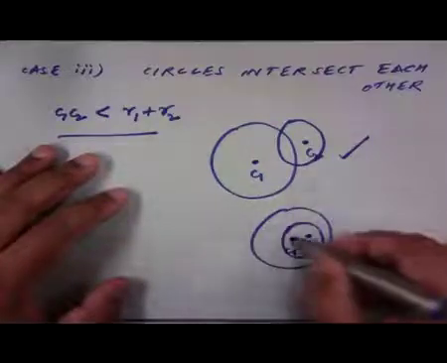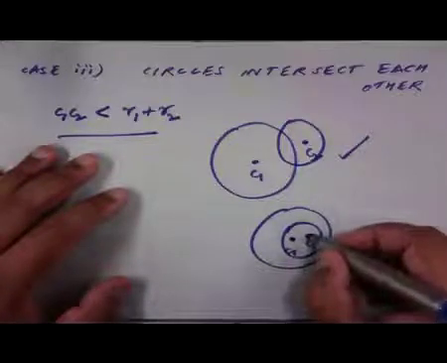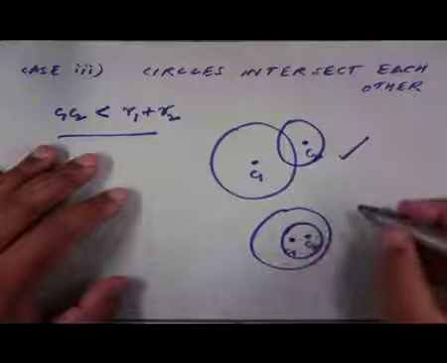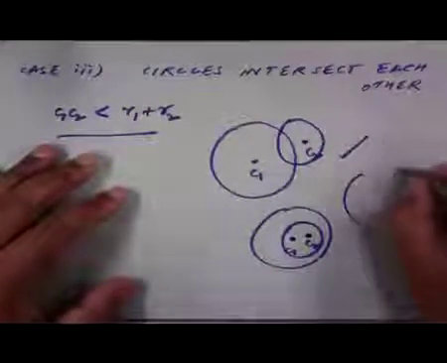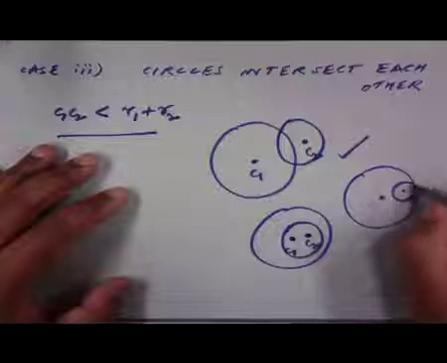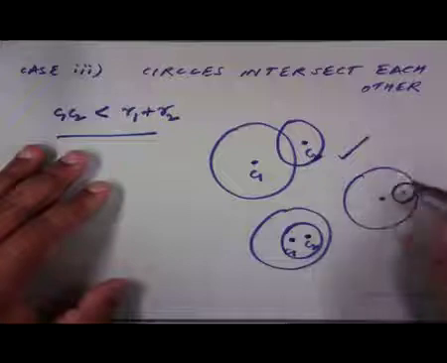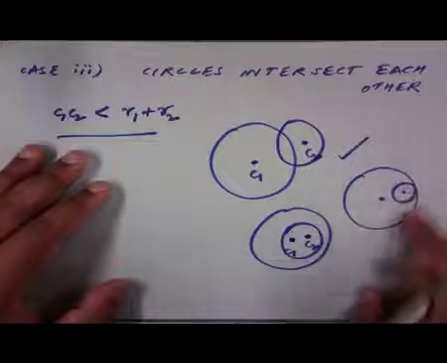The bigger circle has center C1, the smaller circle has center C2. Or we could even have this kind of a situation where the smaller circle is touching the bigger circle internally, from inside.